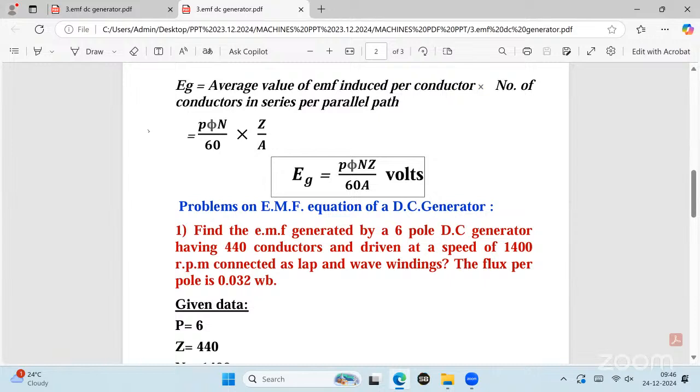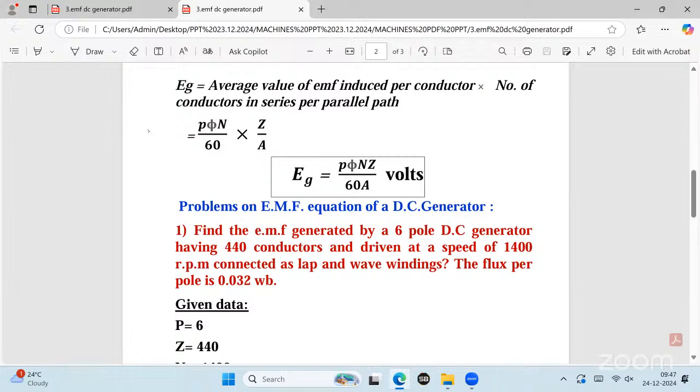Other name for armature conductor? Armature winding. It is made up of copper. So how many conductors have you placed in the slots? This is called Z.